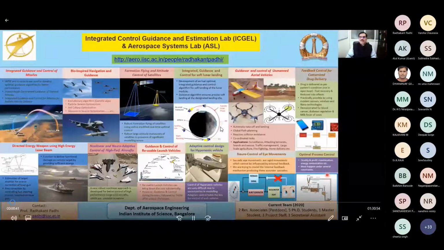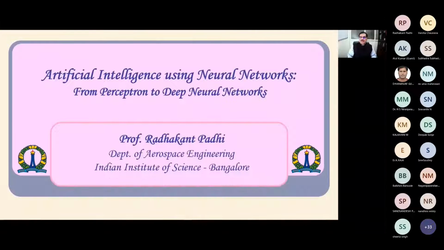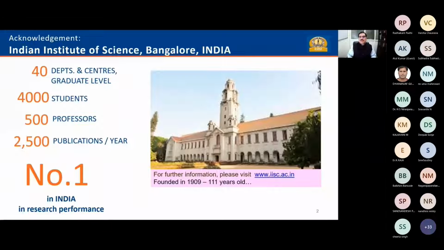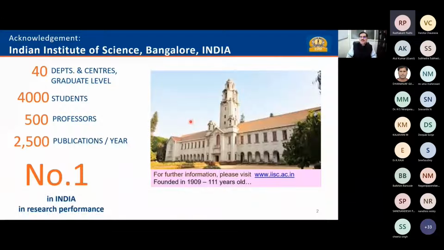What you see is the main building of the institute. The institute is pretty big. We've got about 500 acres of land.